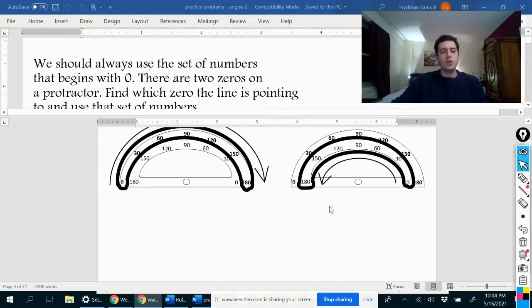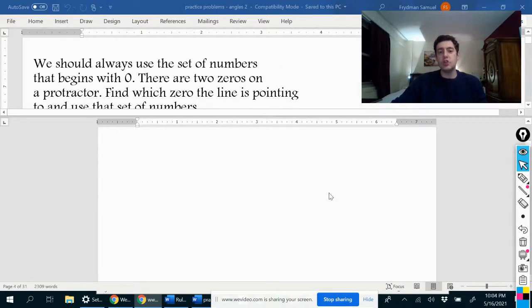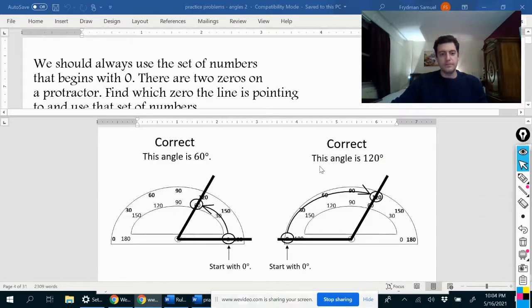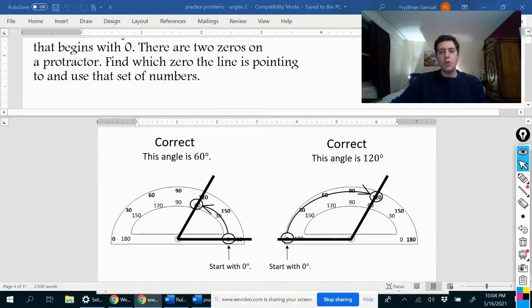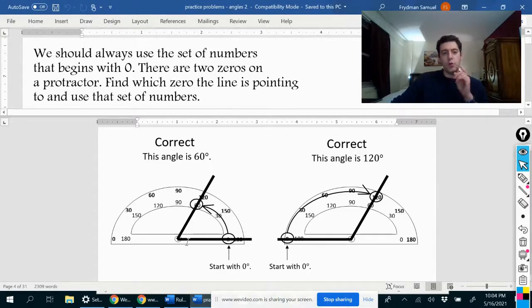So which set of numbers should we use when we are using the protractor? Well, it depends on which zero the line is pointing to, okay? So we should always use the set of numbers that begins with 0.